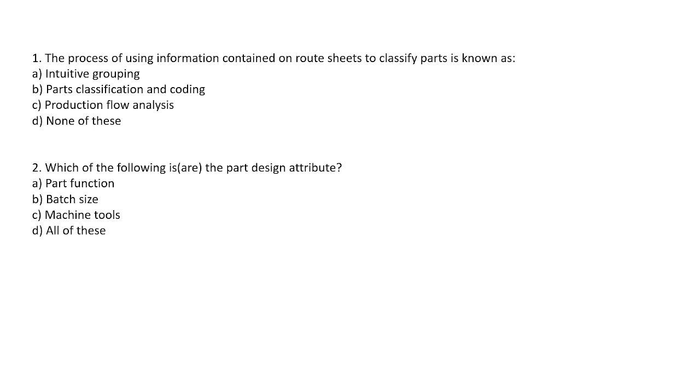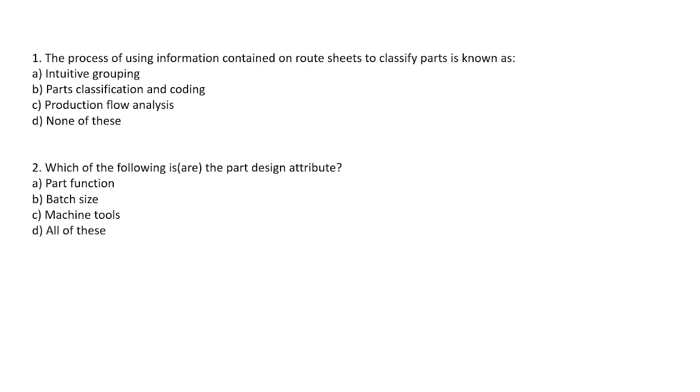One is intuitive grouping, that is using best judgment to group parts into appropriate families, based on the parts or photos of the parts. So it's a visual inspection, we can say.